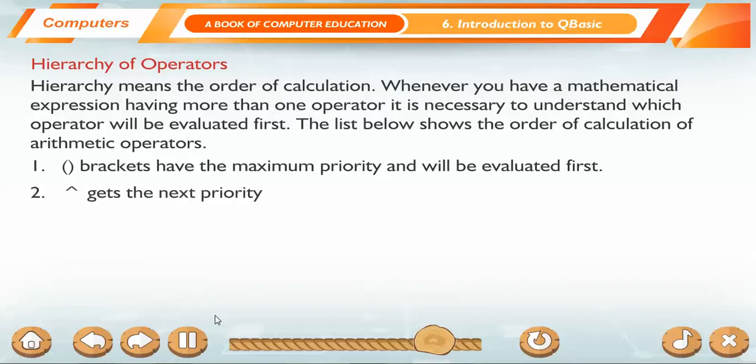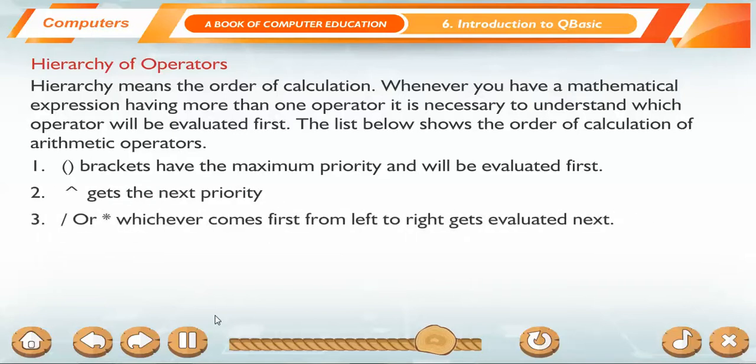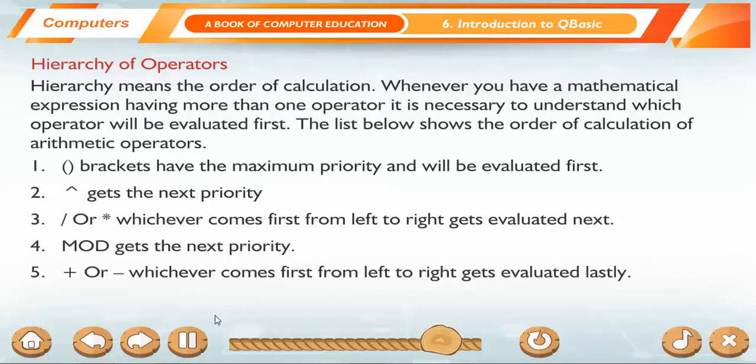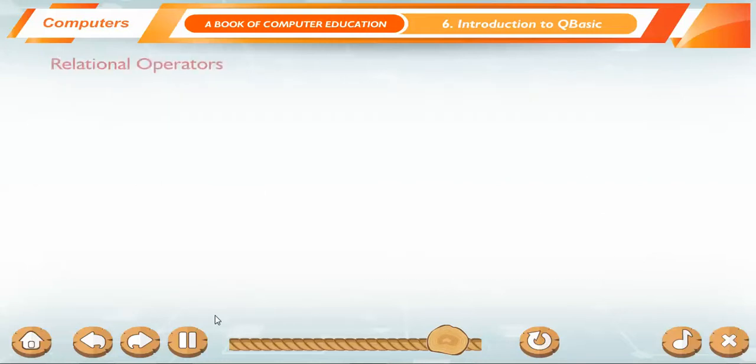Exponent gets the next priority. Division or multiplication, whichever comes first from left to right, gets evaluated next. Mod gets the next priority. Addition or subtraction, whichever comes first from left to right, gets evaluated lastly. Thus, 4 + (6 - 2) * 3 will result in 16.